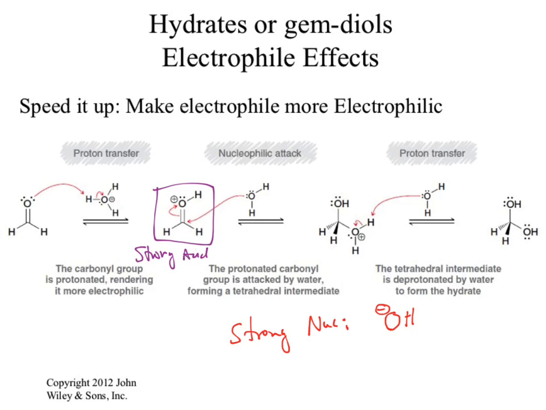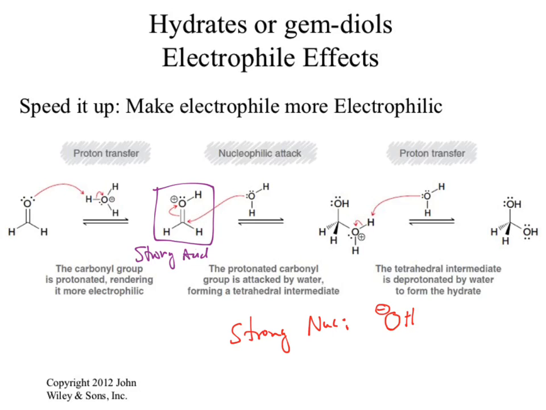Notice that your mechanistic steps change. When we changed the nucleophile, it was done in 2 steps. When we added the acid, it's done in 3 steps. We have an extra step. Okay? If you're going to go under acidic conditions, what charge should you never see in your mechanism? Say that again.